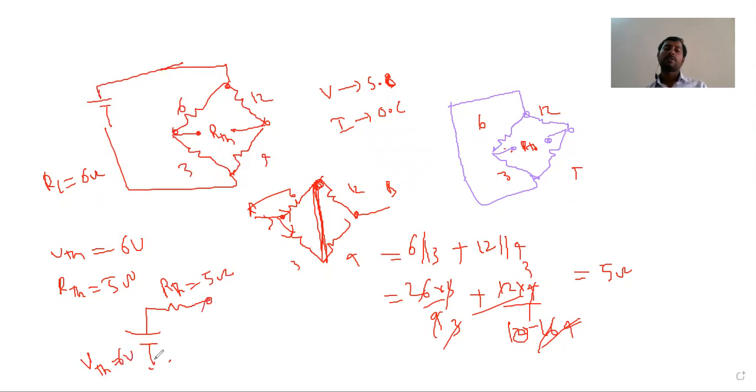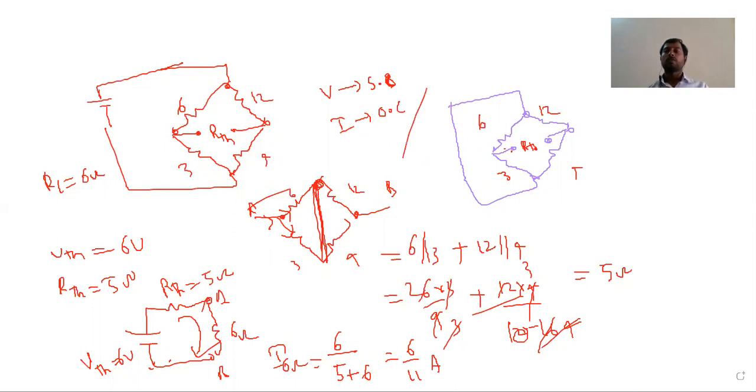Between A and B, the 6 ohm resistor is there. So the current through the 6 ohms is equal to the voltage, 6, divided by the total resistance, 5 plus 6, which is 11. This is the current through the 6 ohm load resistor.